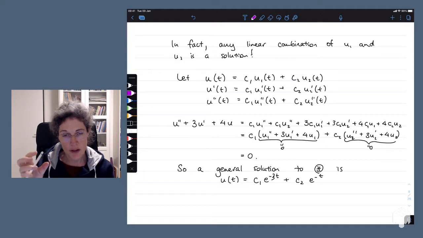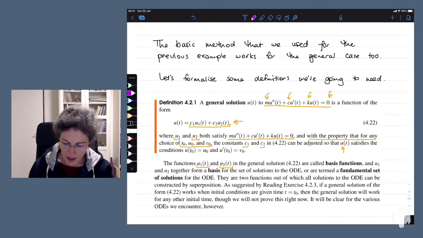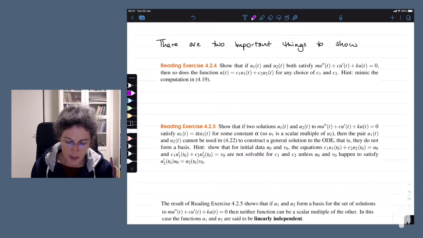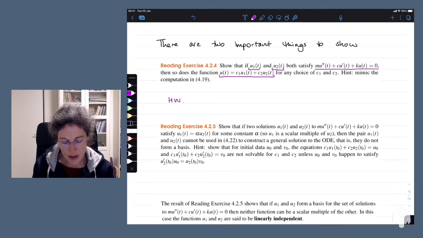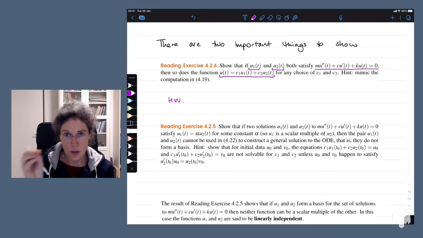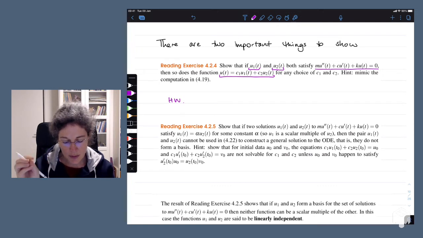We did this for our specific problem, but something you should do for yourself is show that if you have two specific solutions satisfying a general second order linear equation of this form, then the linear combination of them is also a solution. And you should do that for homework. You can basically follow the computation that we did in the specific case. So that's one thing that it's important to understand, that two specific solutions in linear combination give us a general solution.